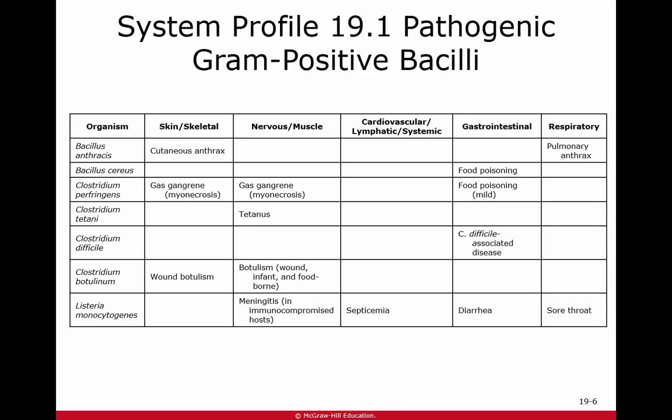You've got the Clostridium perfringens that causes gangrene and food poisoning. Tetanus is caused by a strain of the Clostridium. C. diff is a bad bacteria that can affect your gastrointestinal tract. You've also got botulism in this and listeria.